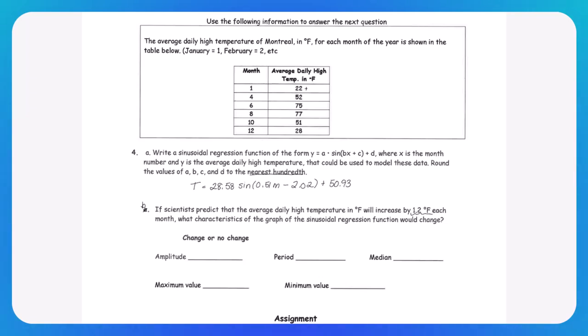So we can write down here that our amplitude, there is no change, because as I showed with our example, the amplitude is the same height. The period didn't change. However, the median, the maximum, and the minimum, they changed. And in particular, they were all increased by 1.2 degrees Fahrenheit.